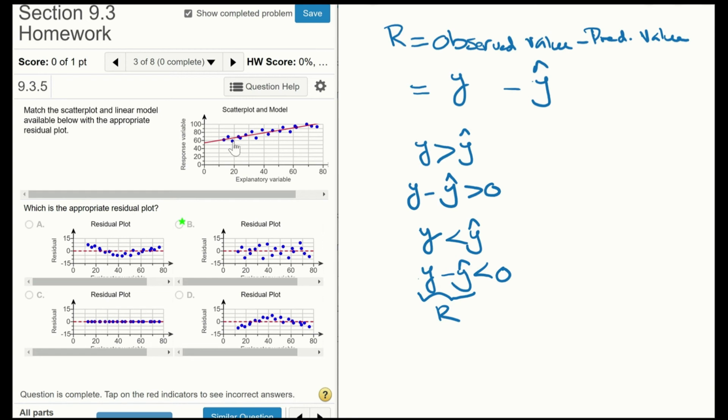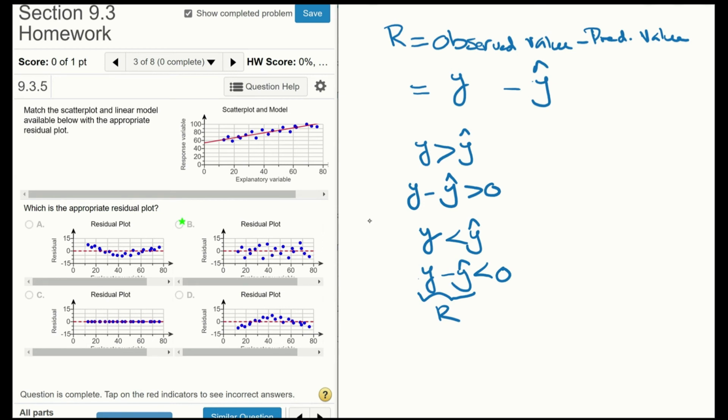So for points below the linear regression line, we're going to get negative residuals, and for points on the linear regression line, we're going to get 0 residuals, just like that one. And for points above the linear regression line, we have y greater than y hat, so we're going to get a positive residual.